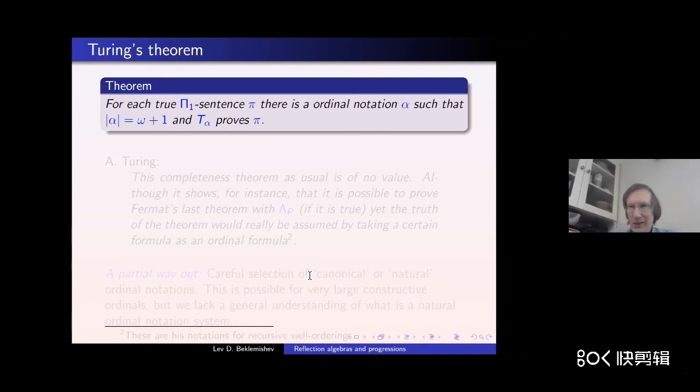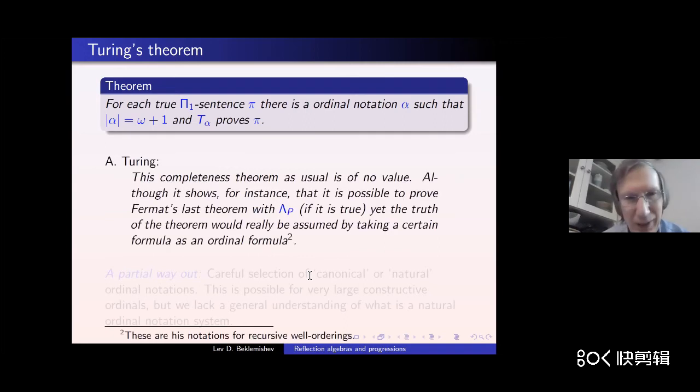Turing characterizes this theorem with a particularly pessimistic remark, typical for his character. So this completeness theorem, writes Turing, is as usual of no value. So Turing apparently considered his work so far usually meaningless.